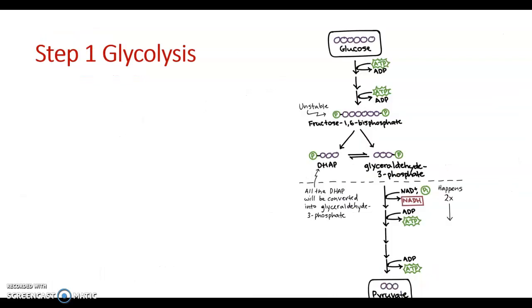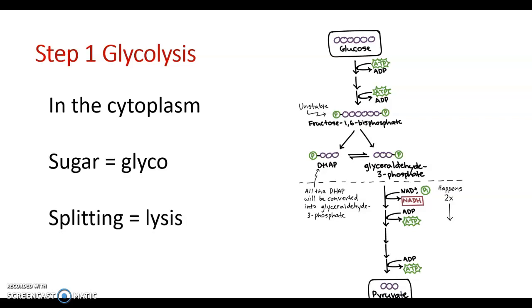So step 1 is glycolysis, and that occurs in the cytoplasm of the cell. So this is out in the goop surrounding all of the organelles, the cytoplasm. The following 3 steps are going to take place inside the mitochondria. Glycolysis literally means sugar splitting.